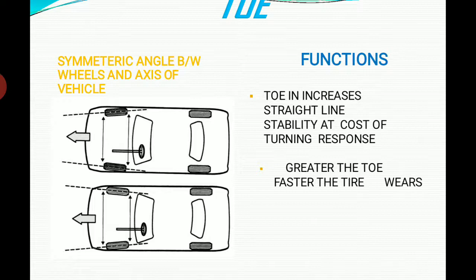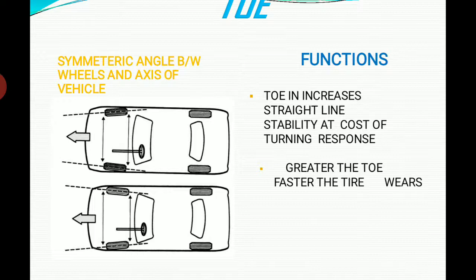Greater the toe, faster the tire wears. When more toe is there, you can see in the bottom figure, tire wear will be more here. Normally in our vehicles, in luggage autos, you will observe one front wheel, and the two back tires will be toe in.